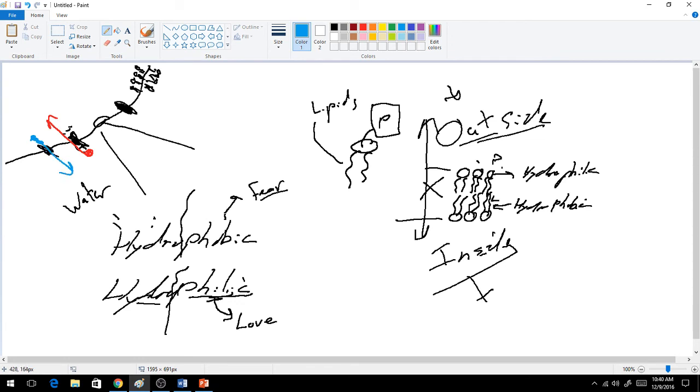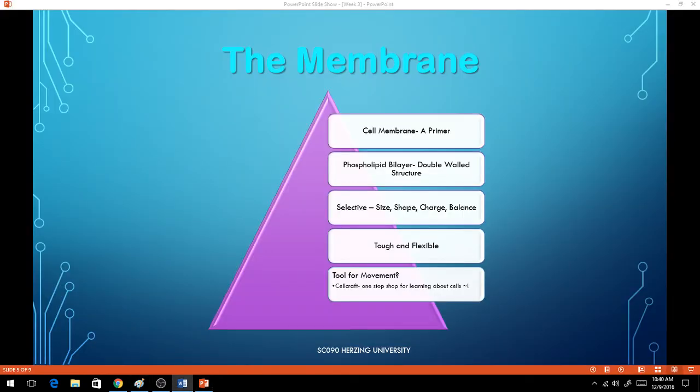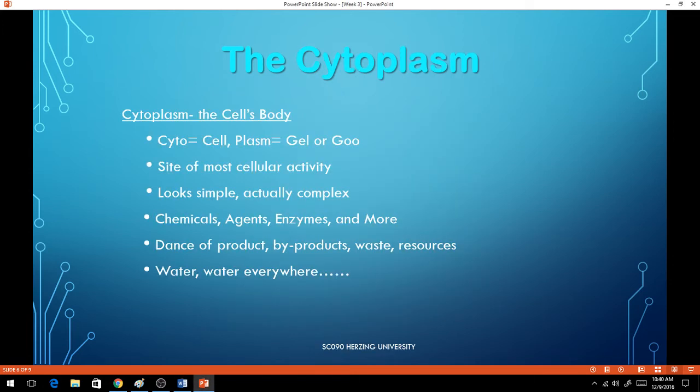Let's go back and talk a little bit more about the cell. We'll move on to the cytoplasm. The cytoplasm, or cell's body, is mostly water, but does so much more. And remember, cytoplasm kind of means cell goo or cell gel. It's the site of most cellular activity and typically forms most of the cell's bulk.